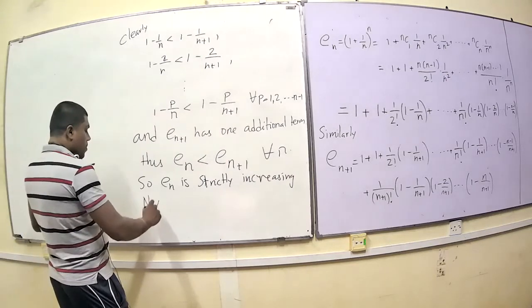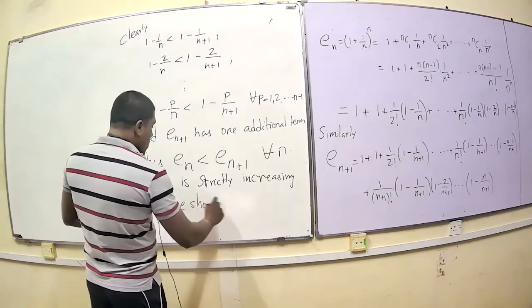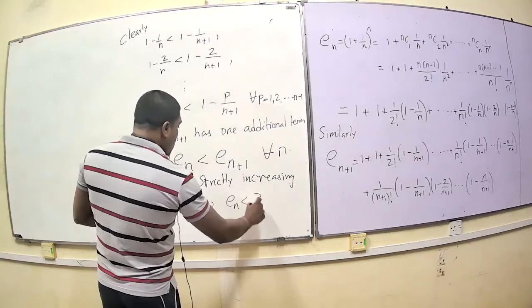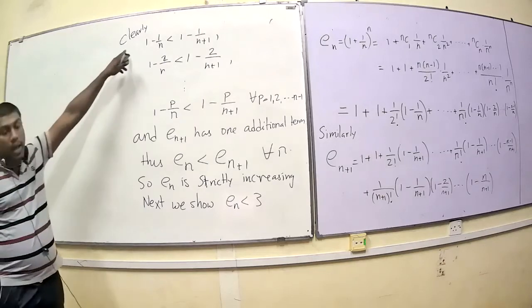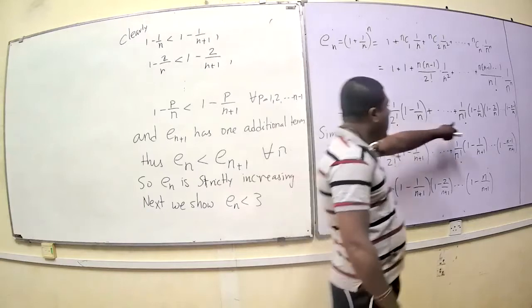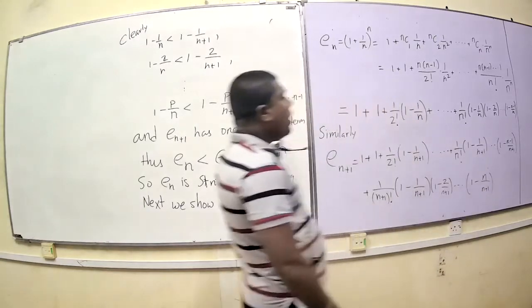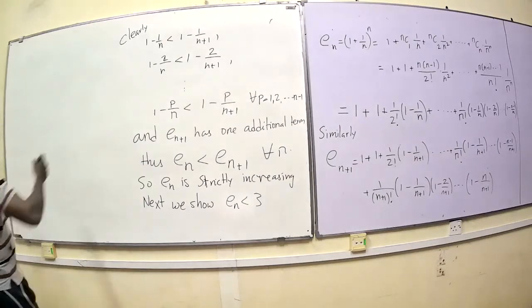We are going to show e_n is less than 3. Right? So again, I'm going to come to these terms, because you know that in e_n these are the terms you have: 1 minus 1 upon n, 1 minus 2 upon n, and everything.